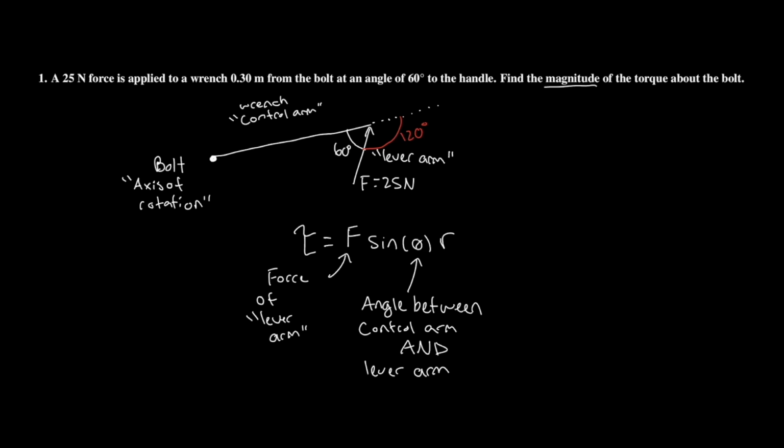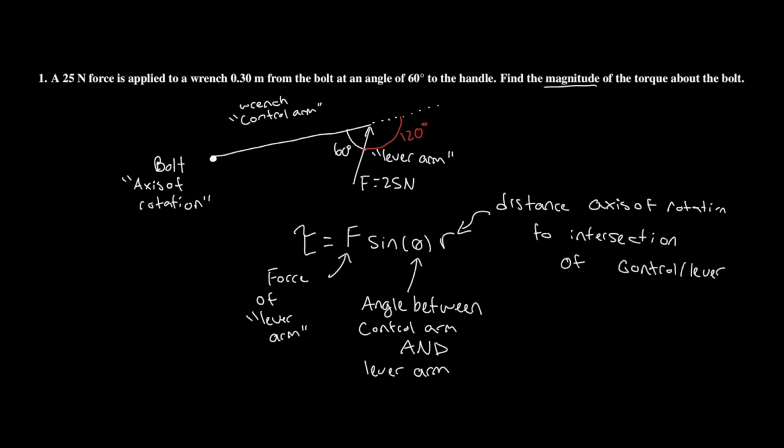And then lastly, we have our radius, or our r. And for this, we want to take the distance from our axis of rotation to the intersection of the control and lever arms. And I'll show you what that looks like on our graph.